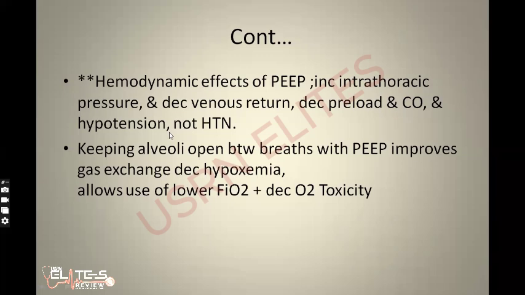So lots of questions can come around here. When someone is receiving high PEEP, what is likely to happen is hypotension. So in the question, when they give you some parameters of low blood pressure, and they tell you that this patient is receiving high PEEPs of anything above, let's say, 7 or 8, sometimes they like to give you a significantly high amount of PEEP, so that if you know, you know.